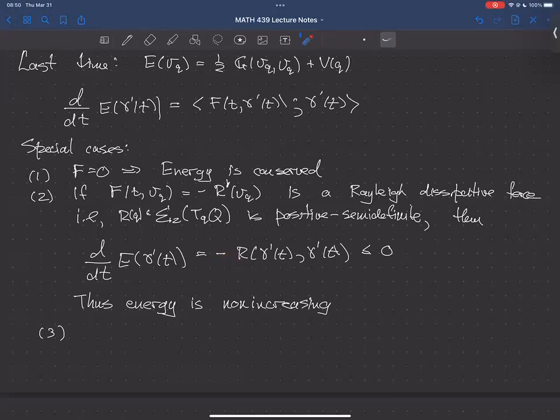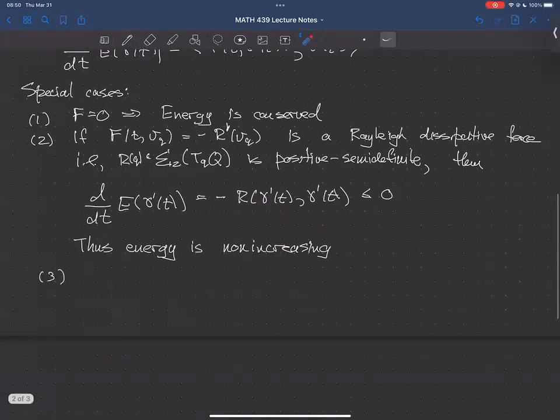But what if R here was skew symmetric? It's not for a dissipative force, but maybe some other kind of force. If R were skew symmetric, then because I'm giving it the same two arguments, it'll always be zero. Those kinds of forces have a name. They're called gyroscopic forces.